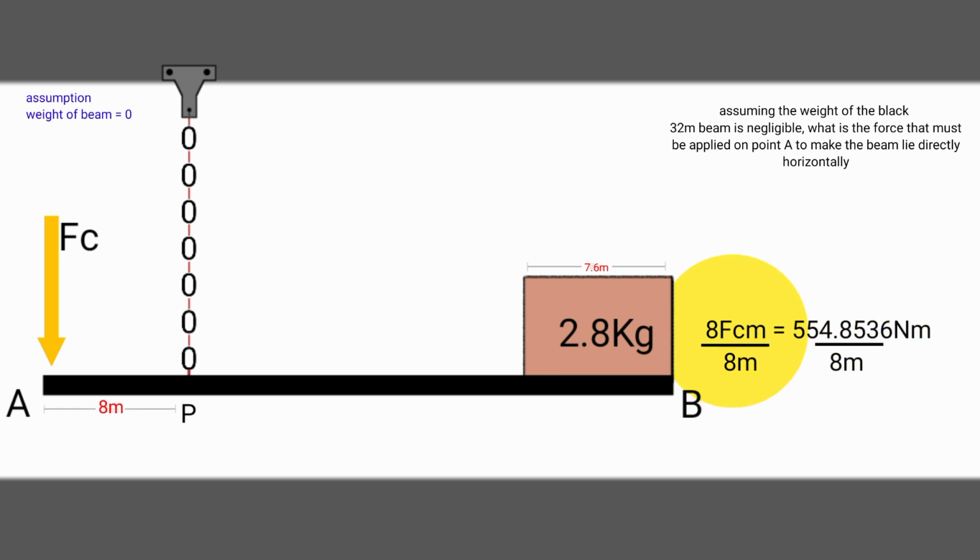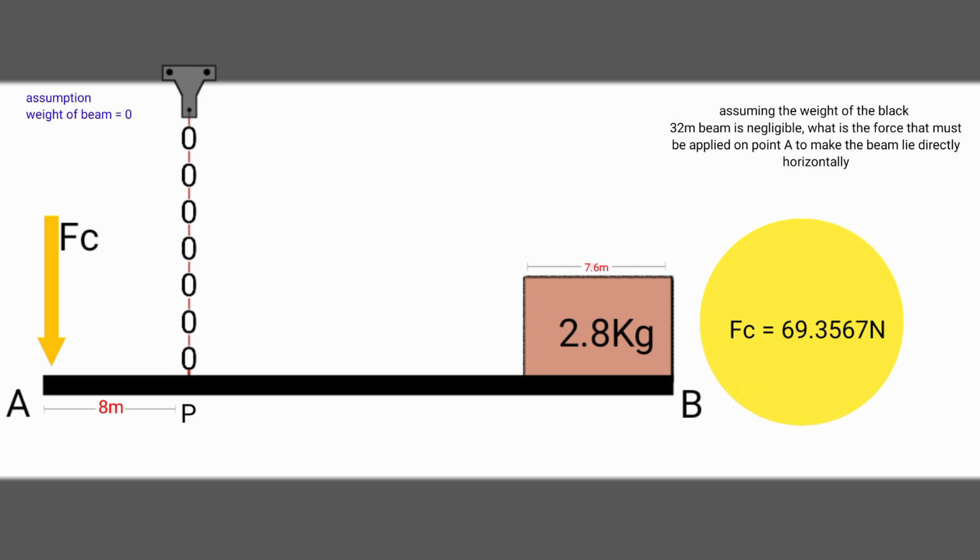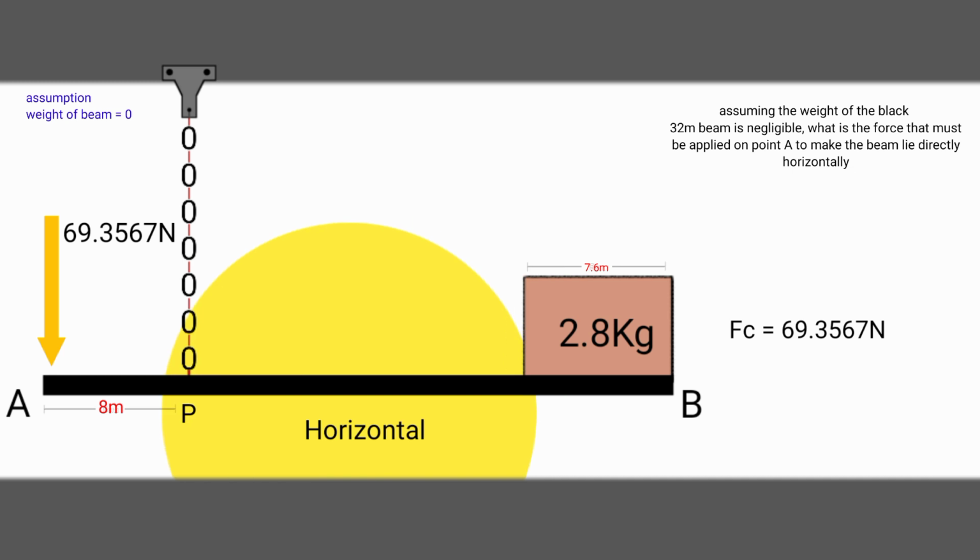Here, 8 cancels 8 and m cancels m, while here also m cancels m and 554.8536 Newton over 8 is 69.3567. So Fc equal to 69.3567 Newton. That is 69.3567 Newton is the force that must be applied here against the weight of this 2.8 kilogram stuff to keep the beam lying horizontally, assuming the weight of the beam is neglected.